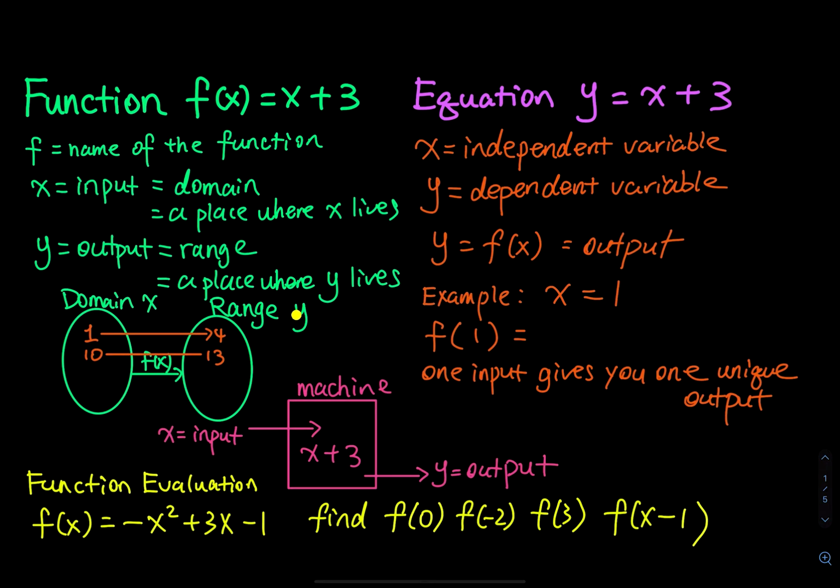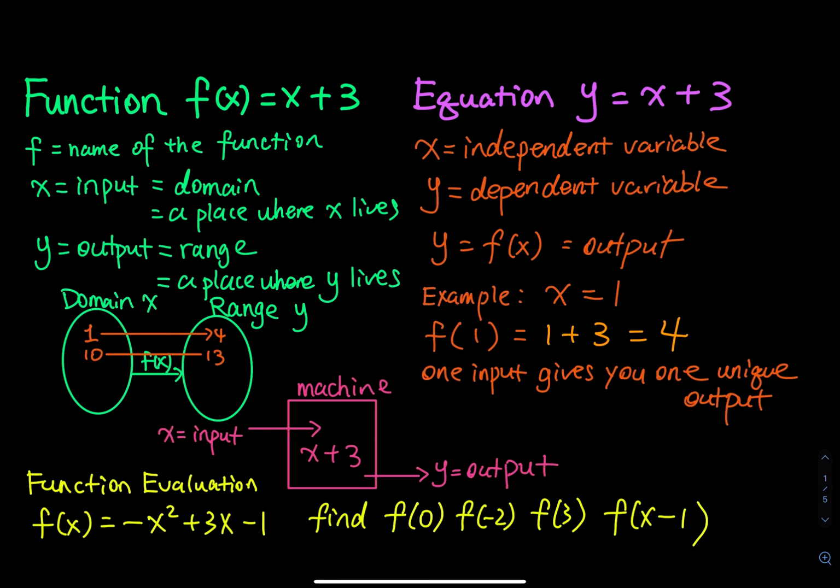So how do the input and the output work? I have an example for you. Let's say we have x equals 1. When x equals 1, we replace the x with 1. The math here is just 1 plus 3, which equals 4. So when you input a value into the function, you get one output.